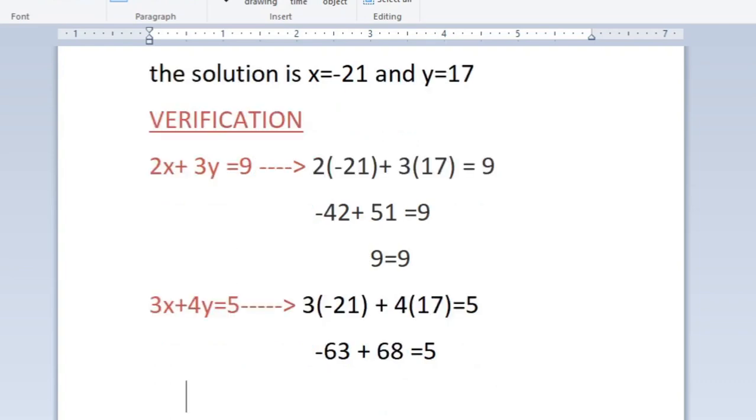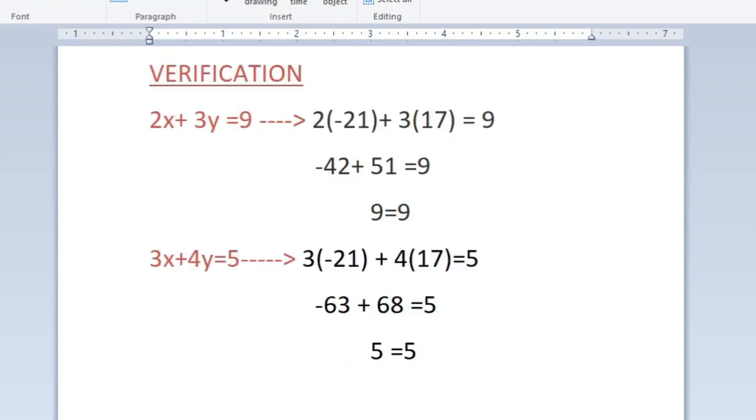Therefore, the LHS, minus 63 plus 68, is nothing but 5. What you have observed? Both LHS and RHS are equal. Therefore, both equations are satisfied with our solution. Therefore, our problem is verified. So, after finding the solution, if you go through verification, you are on the safe side. Thank you for watching this video.